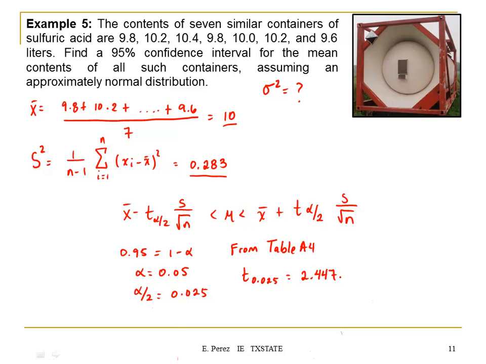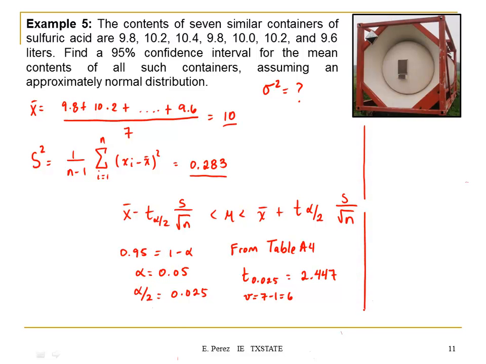This is using how many degrees of freedom? 6. Okay, so you need the alpha value, and you need V equals 7 minus 1, which is 6. So we have the information. Now we can compute that confidence interval.